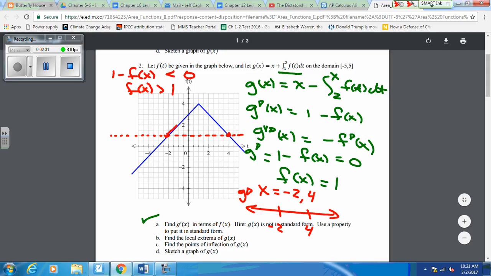So g prime is going to be negative anytime f of x is bigger than 1, which happens on the interval from -2 to +4. And g prime is going to be positive whenever f of x is less than 1, which happens from -5 to -2, and from 4 to 5.